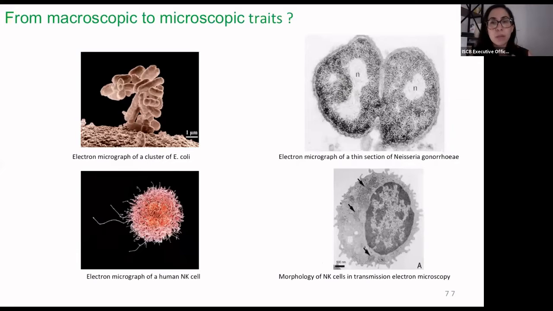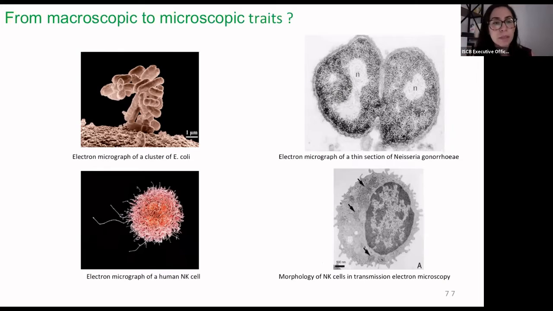So we know how to study macroscopic features, and this has been done even before molecular techniques. But what if we want to study the diversity of life that goes beyond the macroscopic world?